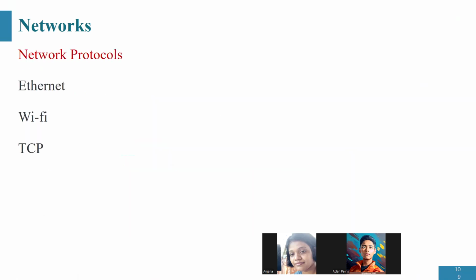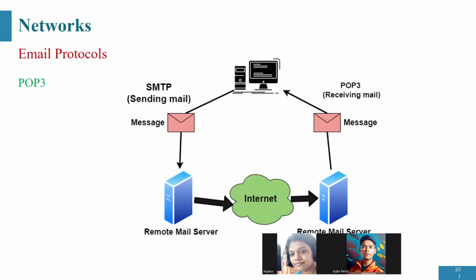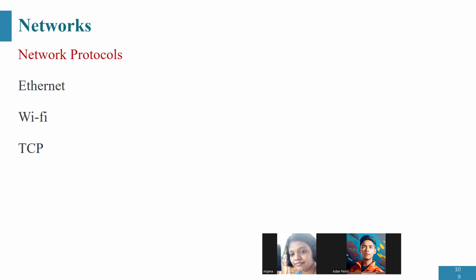Okay, why we want to use IMAP, that's what I explained. IMAP also helps while receiving. While sending we are using SMTP, but while receiving, because messages need to be downloaded, they are using POP3 and IMAP. Okay, that's it.